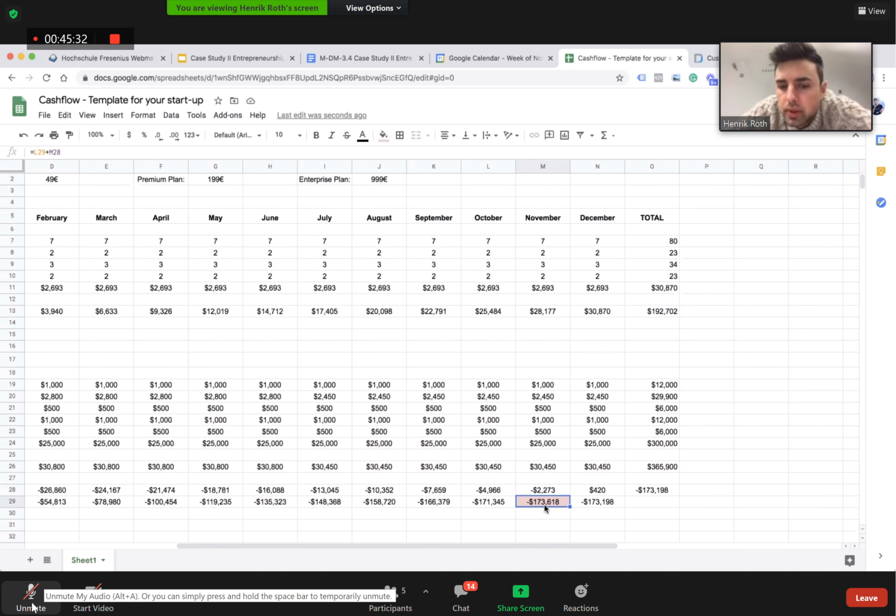So it depends on the business model. If you are an e-commerce company, you can make turnover on the first day because you sell products. But in software, you first need to build the software until you make revenue.